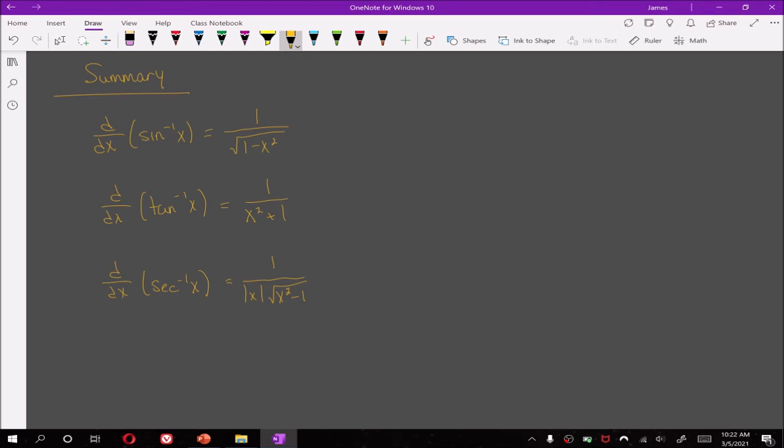The remaining three are left to you, the viewer. However, the derivative of the inverse cosine is negative 1 over the square root of 1 minus x squared.